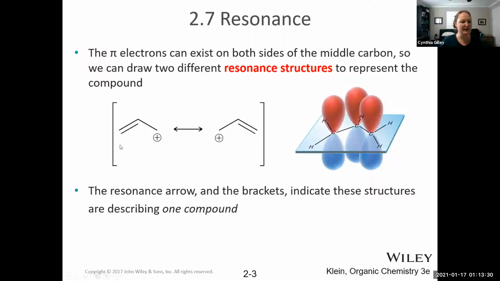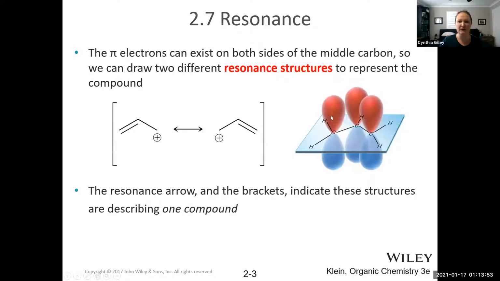And what that tells us is that the electron deficiency in the system, meaning the positive charge, is actually delocalized or spread out, not over the entire 3-carbon system, but it's shared between the two terminal carbons. And that's what these resonance structures show, that they both actually have part of the positive charge.